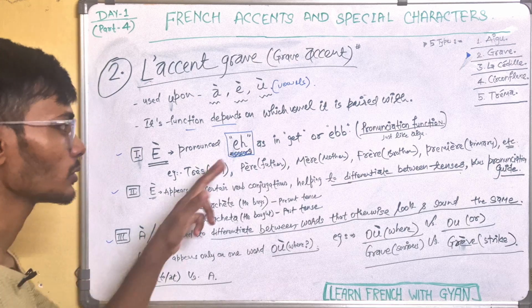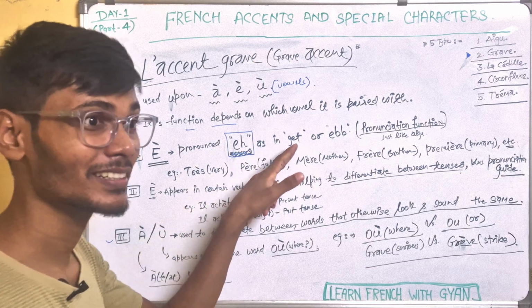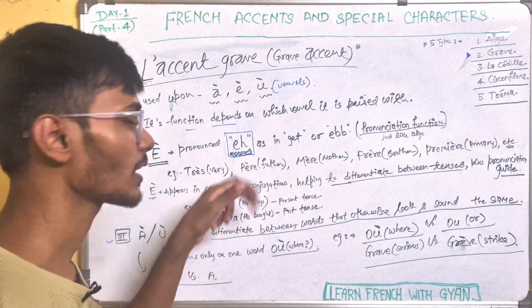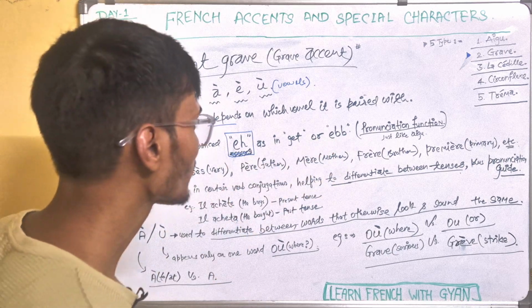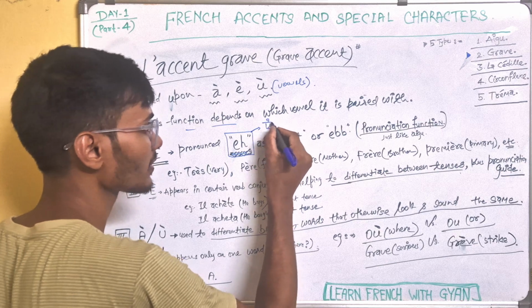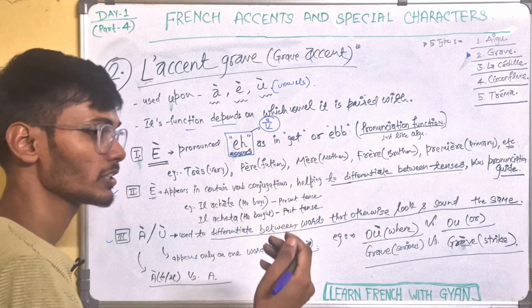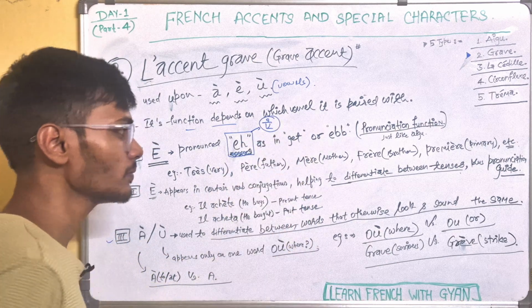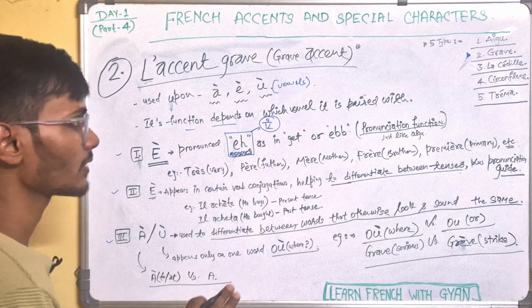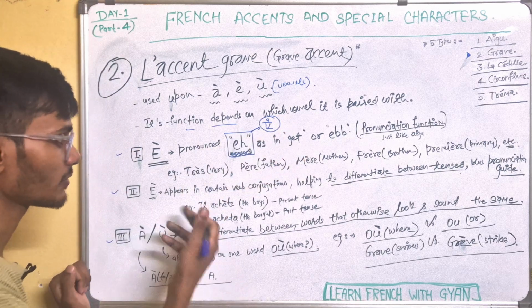Get has this sound, and if has this sound. In Hindi we can write this sound too. If you are a Hindi speaker, you know this sound. So this does create a sound similar to that, and we have added a few examples.